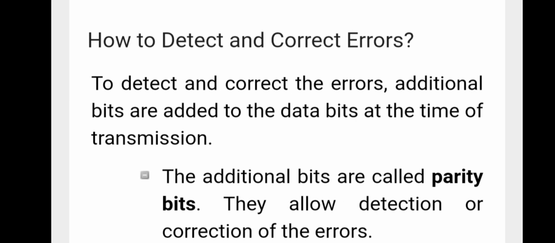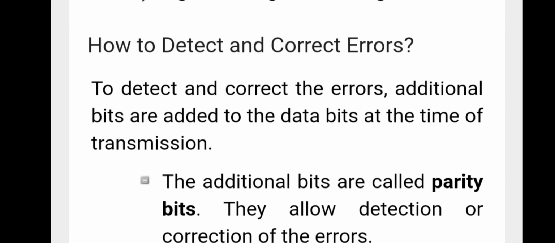How to detect and correct errors? To detect and correct the errors, additional bits are added to the data bits at the time of transmission. Here, these are parity bits. Means while you transmit the data, you need to send some additional information along with the message, that is called parity bits.